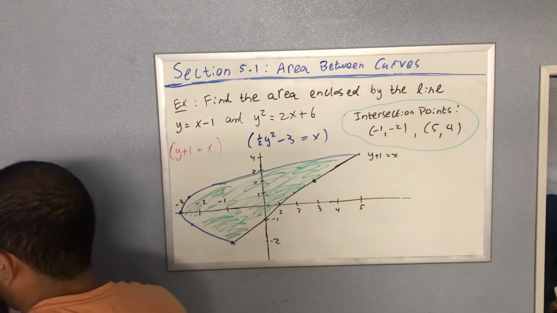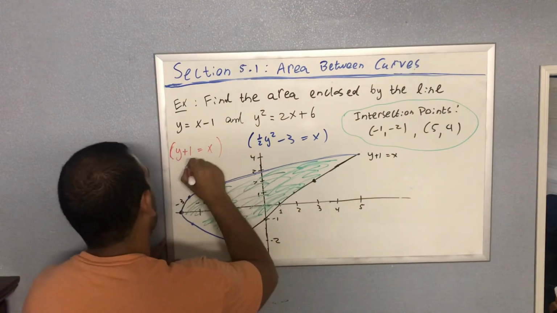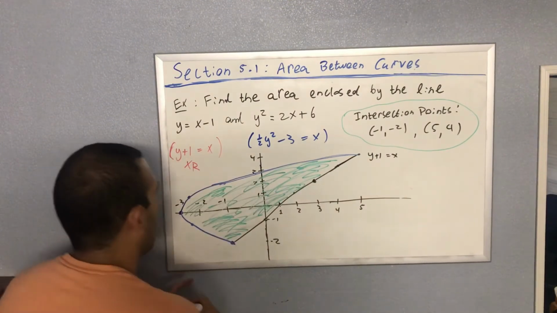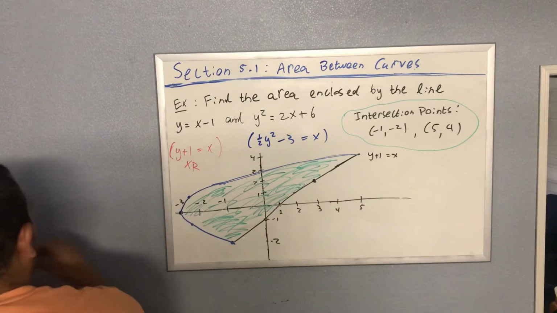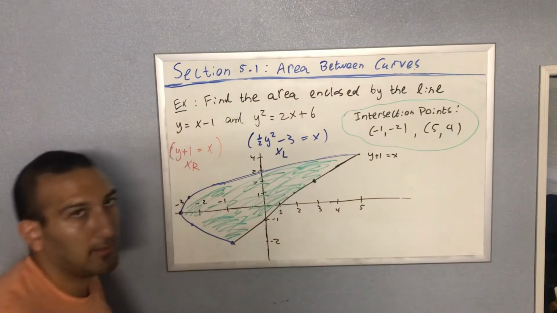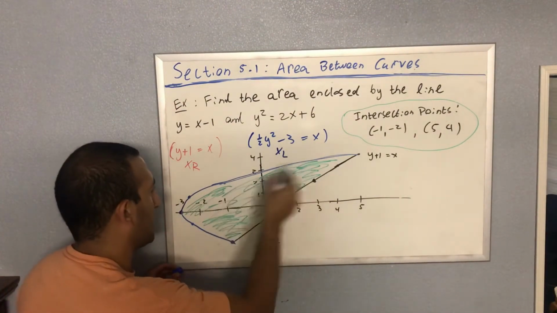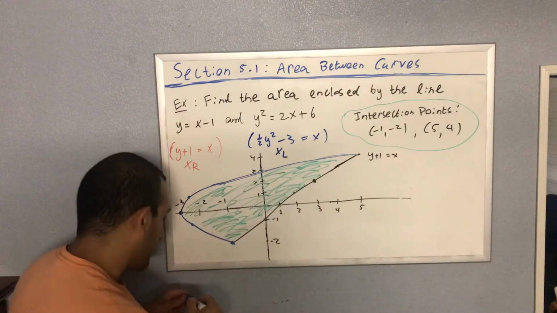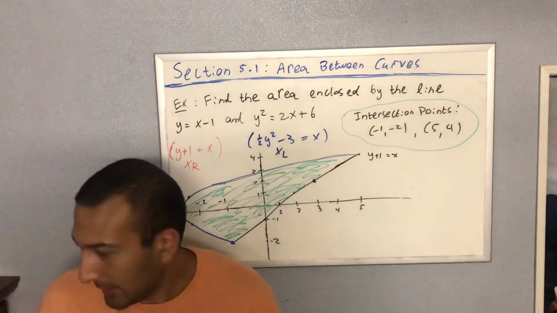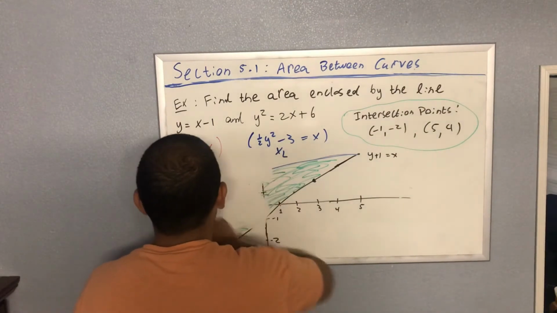So this guy here, the line, is x right, and the sideways parabola is x left. Okay, does this make sense? This is the one on the right, this is the one on the left. Okay, and so now we can find this area more straightforwardly.